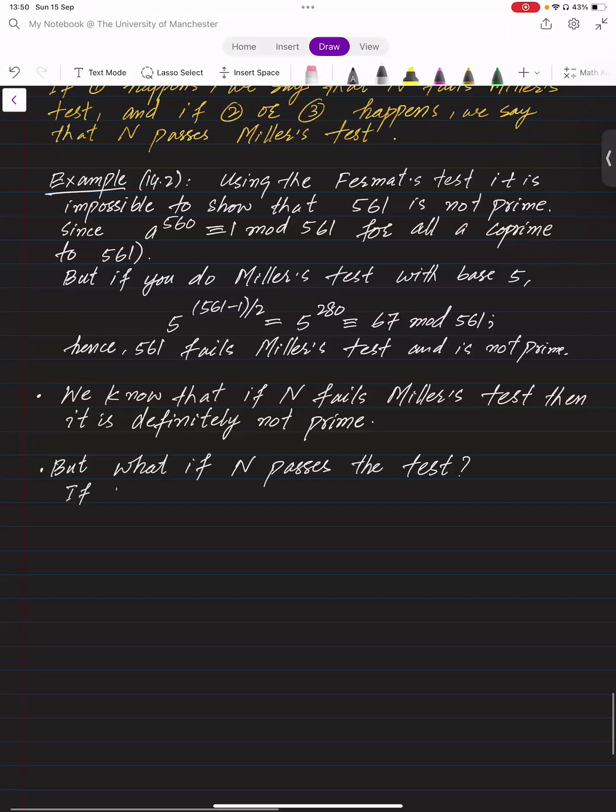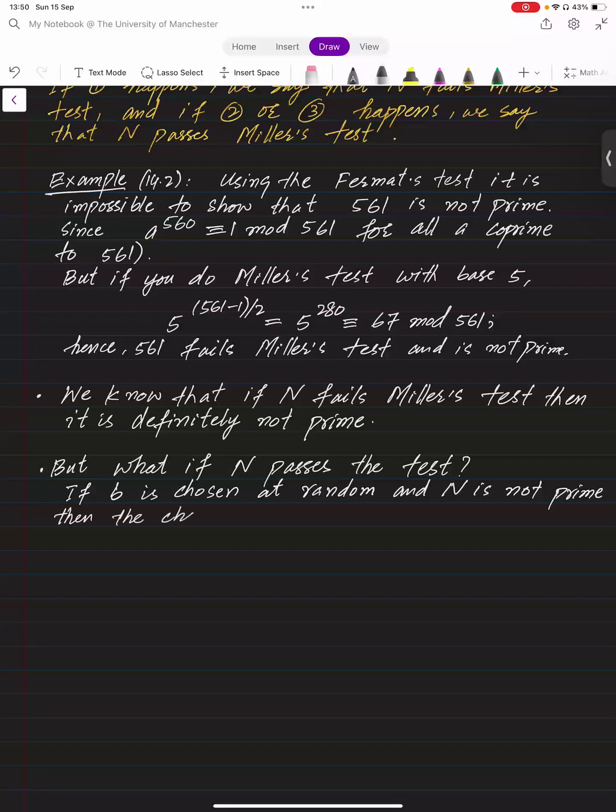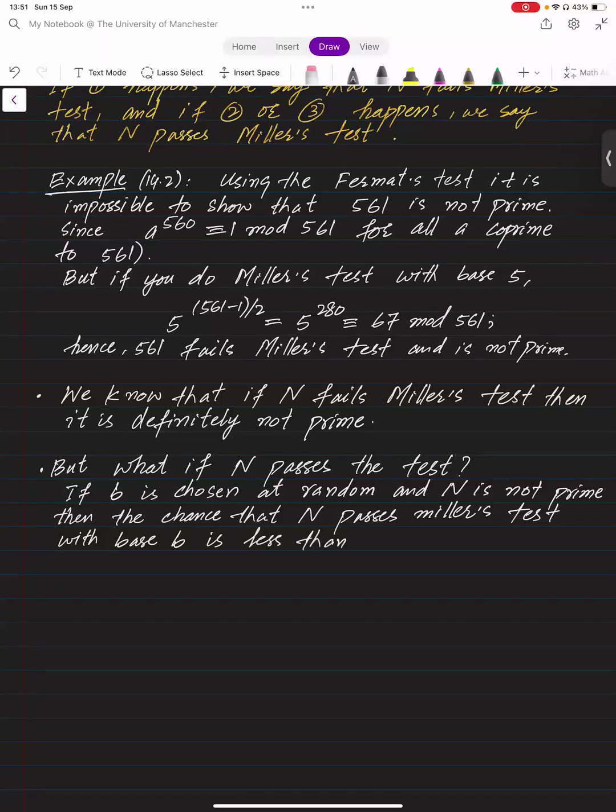If b is chosen at random, meaning any random number, and n is not prime, then the chance that n passes Miller's test with base b is less than 1/4.